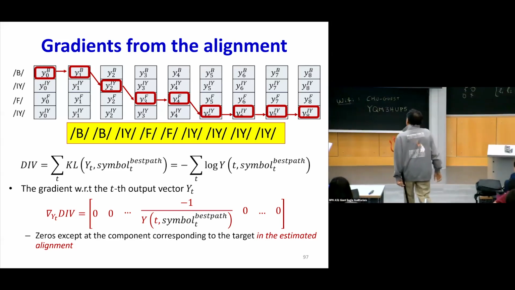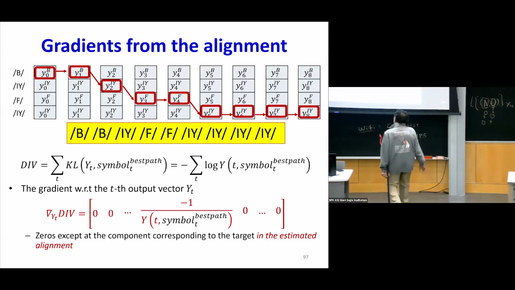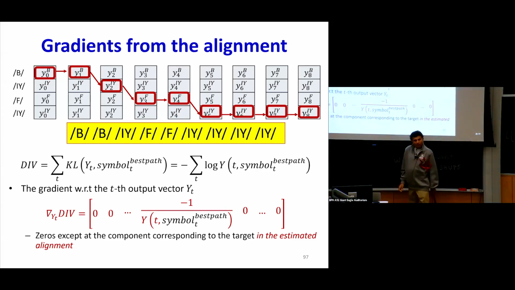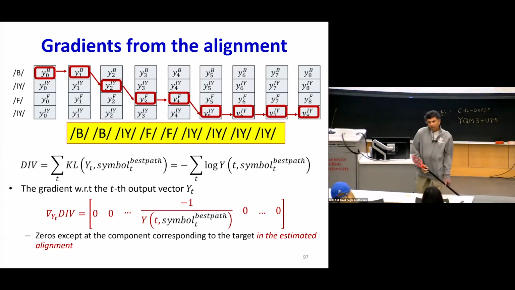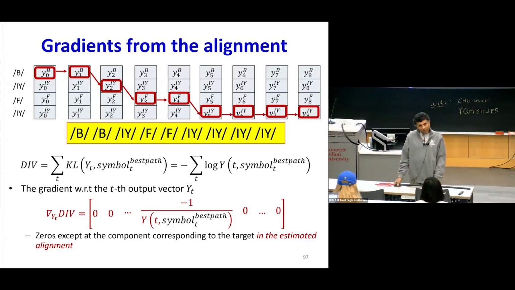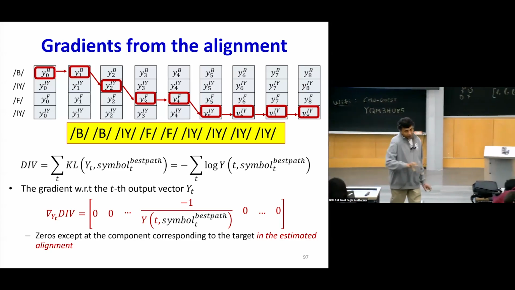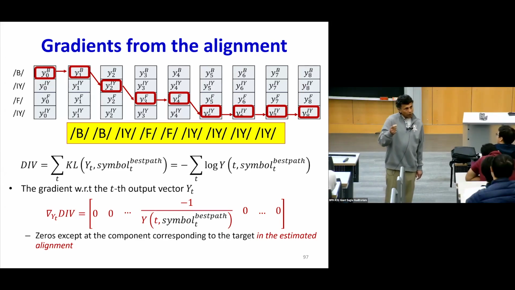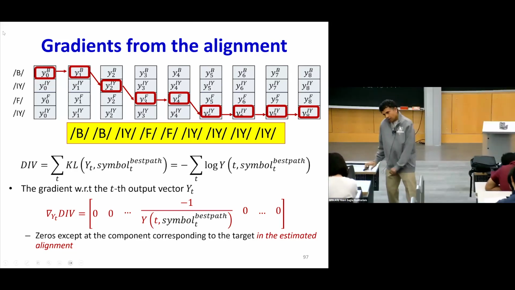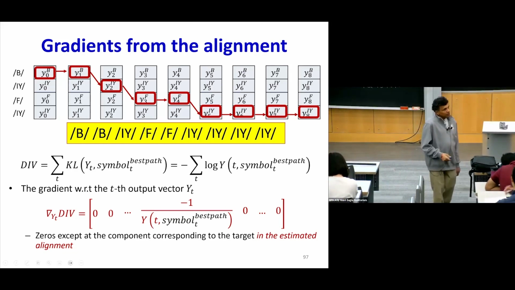So this is simply going to be a vector of zeros with one entry which is non-zero, which is the entry corresponding to the symbol that aligns with the input at that time. And so the derivative of the overall divergence with respect to the network output at any given time is just this vector which is all zeros except for one entry, which is the symbol assigned to the input at that time.